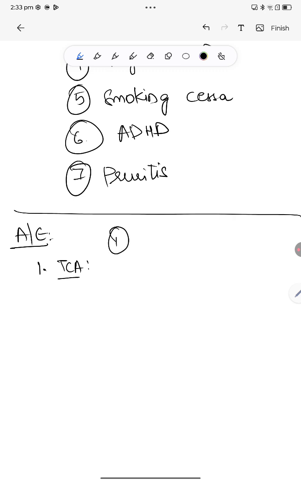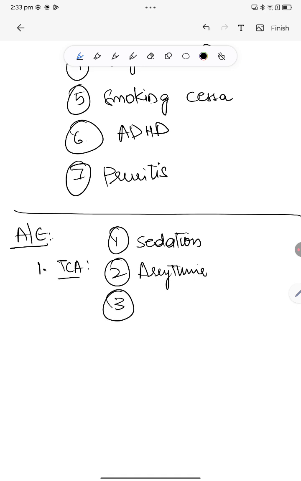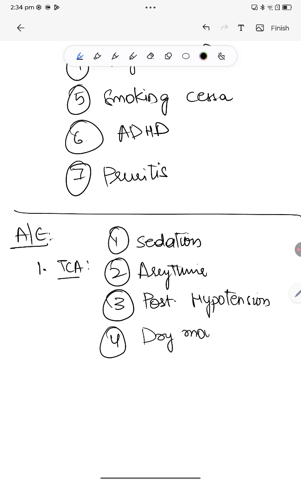TCAs are known to cause sedation as well as arrhythmias as well as postural hypotension, and also antimuscarinic actions like dry mouth, constipation and all.